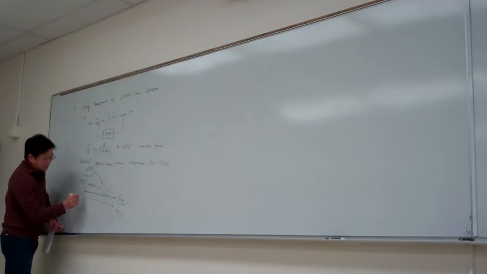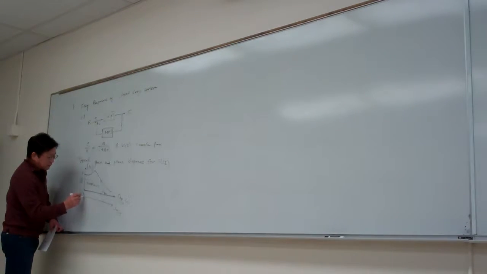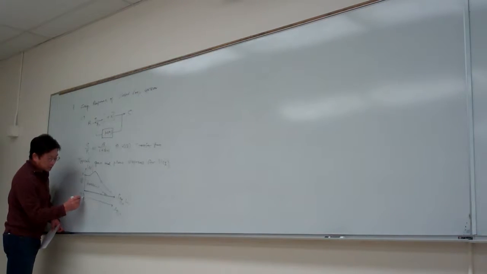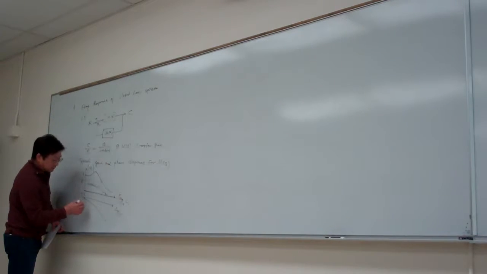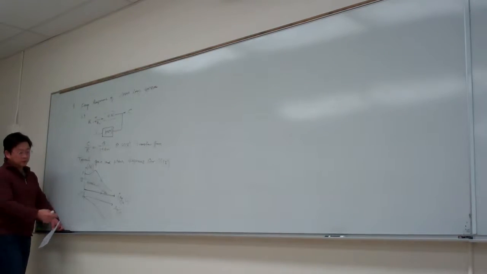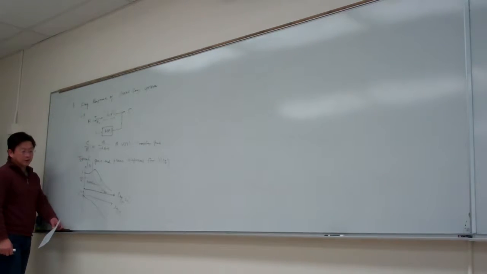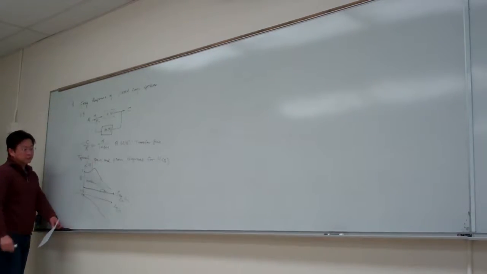And for the phase, most of the time for a stable system, the phase is negative, a phase lag. So basically here we start from 0 and usually go to the negative range.